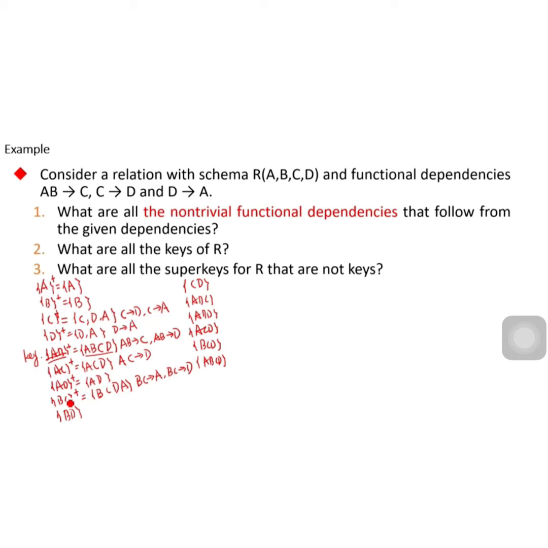So BC is also a key. Now the closure of BD. The base is BD. D functionally determines A, so A is added, and AB functionally determines C, so C is also added. We get BD functionally determines A and BD functionally determines C, and BD is also a key.